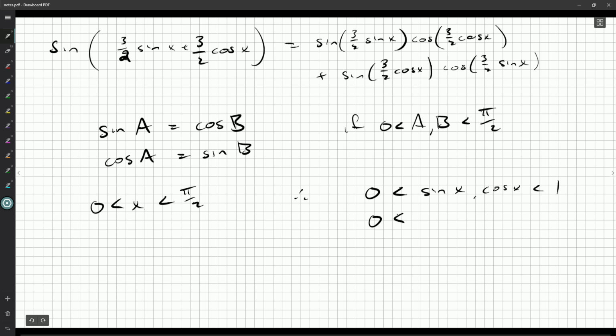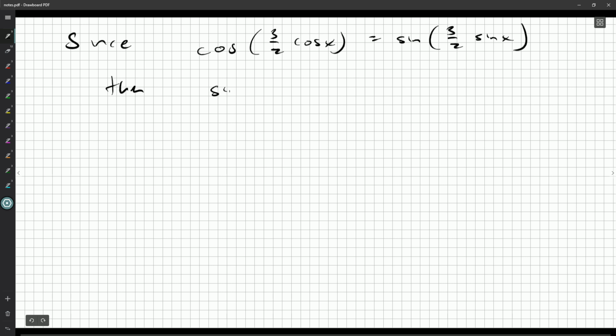And so 3 halves sine x, 3 halves cos x also are in the first quadrant. So when they told me cos 3 halves cos x is equal to sine 3 halves sine x, then I can swap the sine and the cos around.